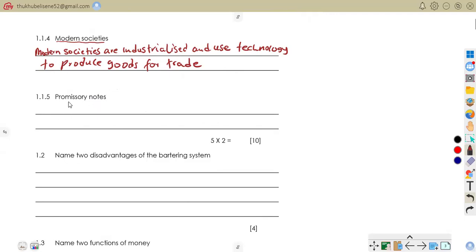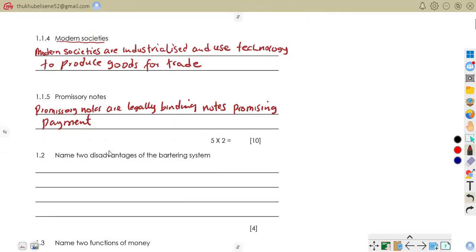Then we are to define promissory notes. Promissory notes are legally binding notes promising payment.